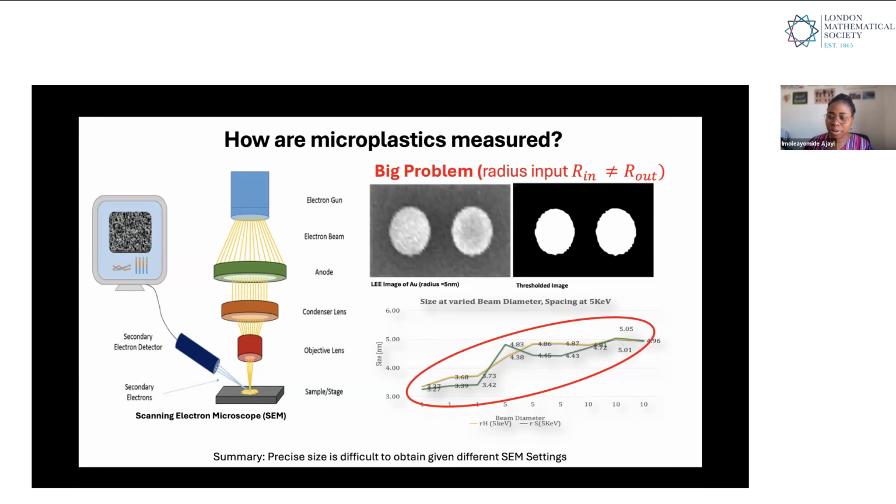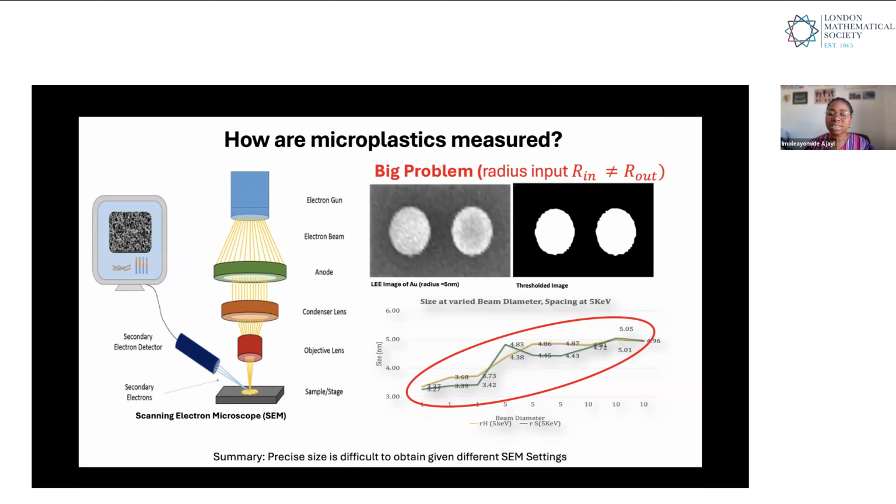But the big problem is with measurement. You might think it sounds simple to use the scanning electron microscope to get an image and measure the particle, but there's a problem. The size that we input into SEM does not match the measured size.